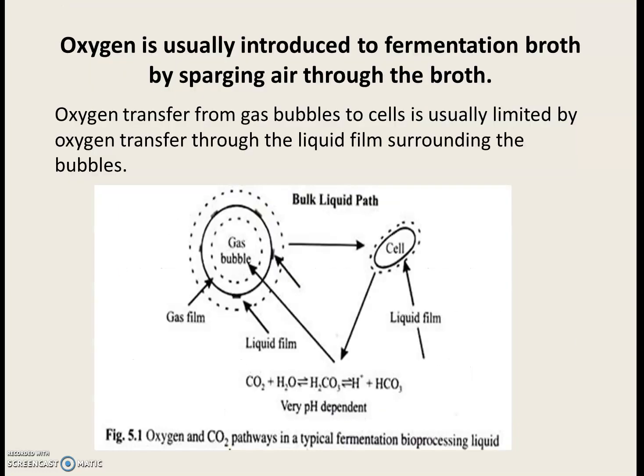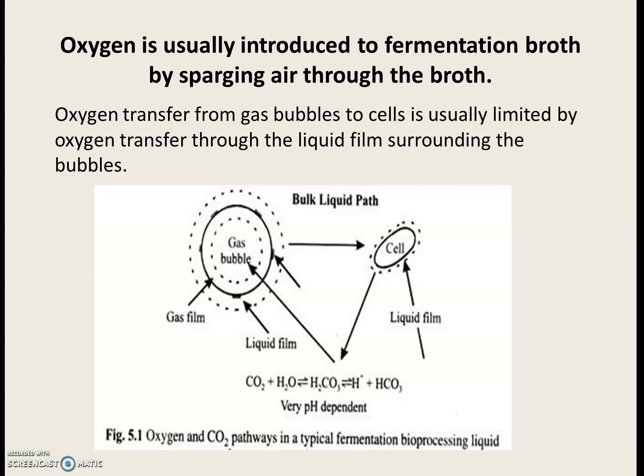Oxygen is usually introduced to the fermentation through a sparger at the bottom of the fermenter. They sparge air through the broth. Broth here means a mix of water and all the nutrients or substrate dissolved in the water. We mix all this together and it is called broth, or media.